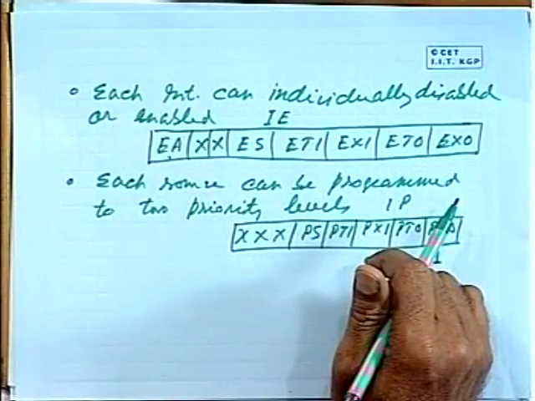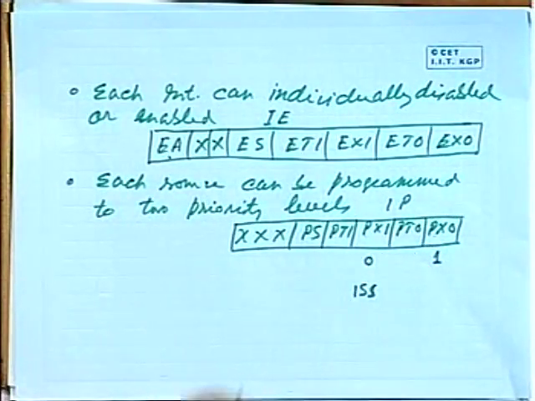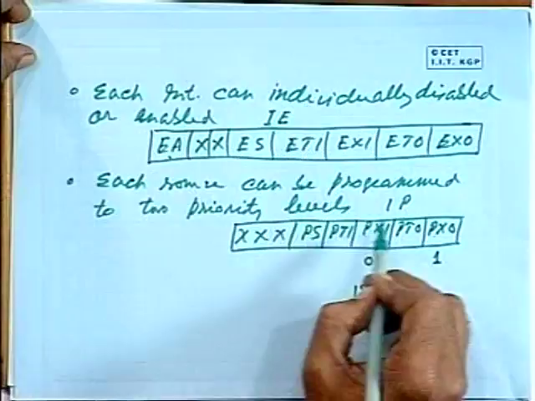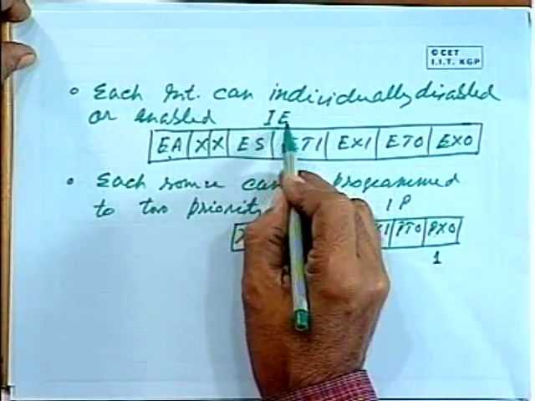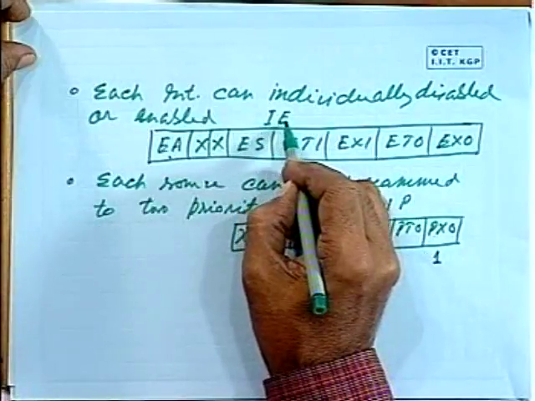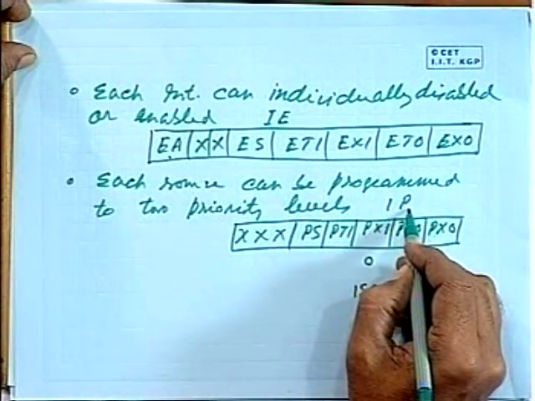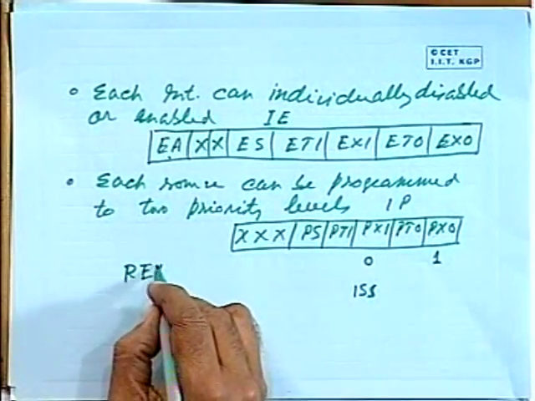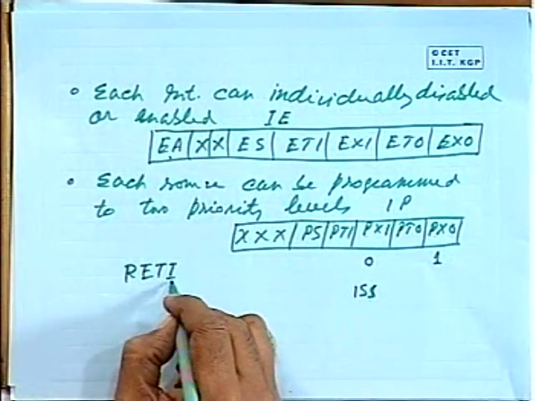So you see, this much flexibility is provided in the interrupt system. As you know, in the case of interrupts, first of all, it has to be the last cycle of an instruction. That is the condition. Then it should not be executing a modification of the IE register or the IP register, or executing the RETI, return from interrupt, instruction.